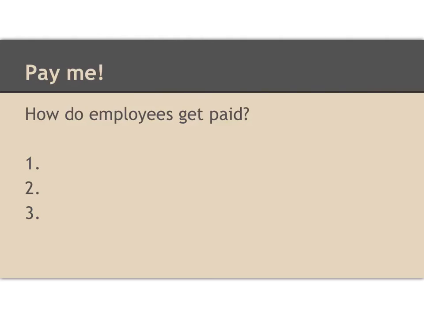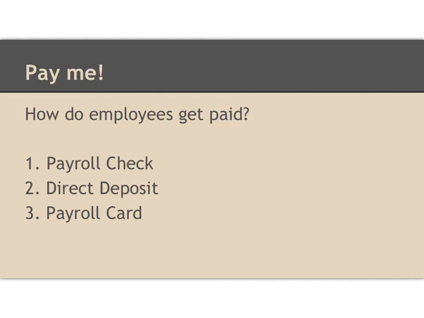So how do employees get paid? They don't necessarily get a payroll check, although that remains the most common way for employees to be paid. What is becoming much more common in recent years, and very soon will surpass the payroll check in popularity, is direct deposit.